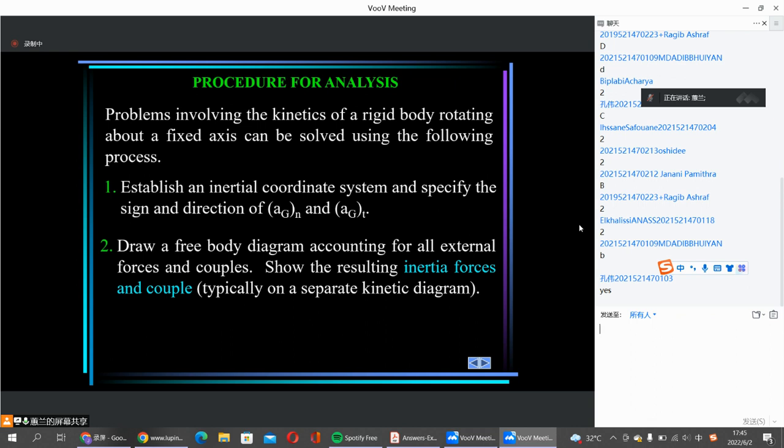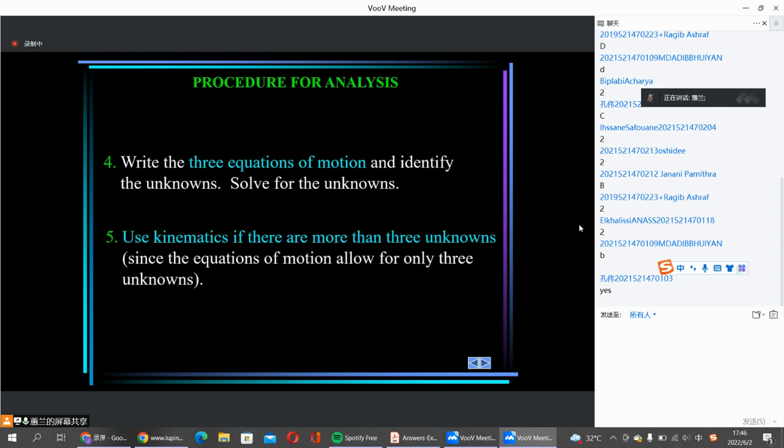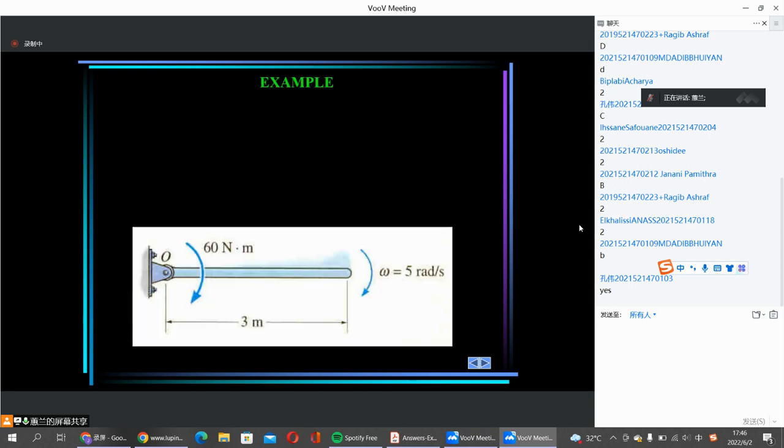So you need to draw FBD and KD, and then you can calculate the mass moment of inertia about the mass center, or the mass moment of inertia about the rotating center, and then write down the three equations. And sometimes we need to apply the knowledge of kinematics to relate the unknowns.